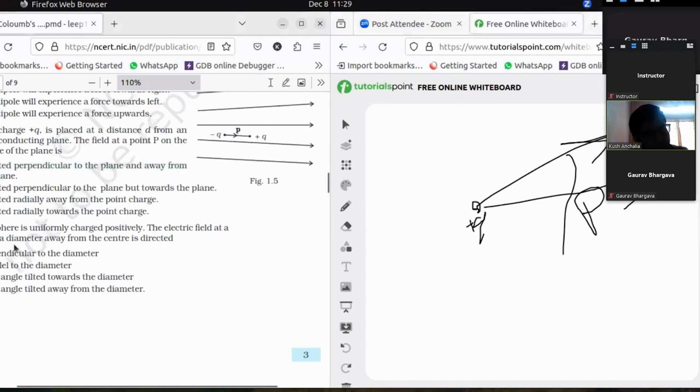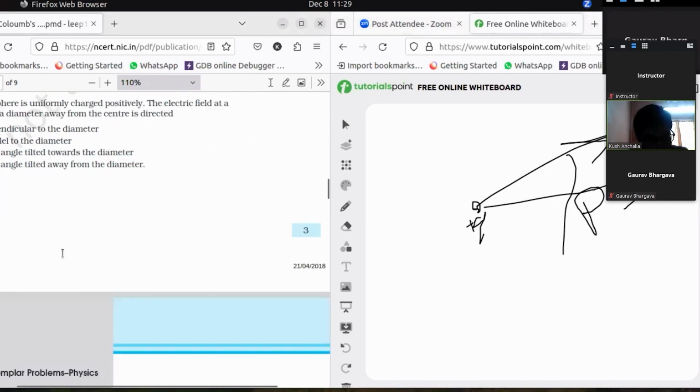A hemisphere is uniformly charged positively. The electric field at a point on the diameter away from the center is directed. Okay, there is a hemisphere. The electric field at a point on the diameter away from the center is directed towards the.